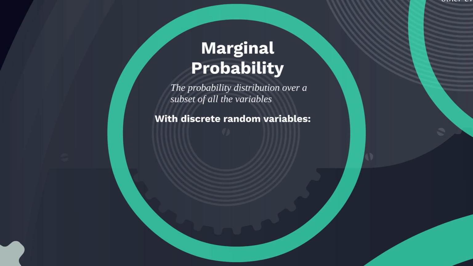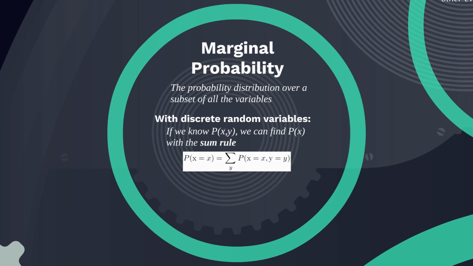So with discrete random variables, the marginal probability can be found with the sum rule. So if we know p of x and y, we can find p of x, which would just be a subset of the distribution, using the following rule. So p of x is going to be the summation of p of x and y over all possible y values. So for every y, we are going to take the sum of the probability of x.